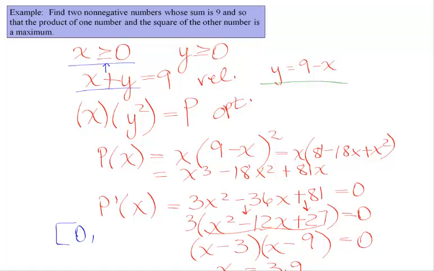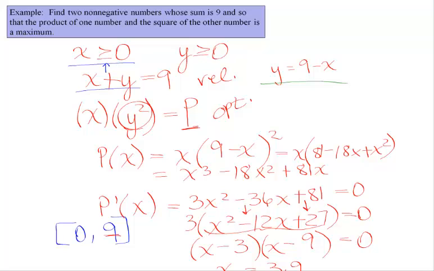This relationship tells me that the biggest x could be is 9. This also illustrates that we could have a closed interval. What is interesting is that when we do have x equal 9, we have y equal 0. And the maximum of that product would be 0.